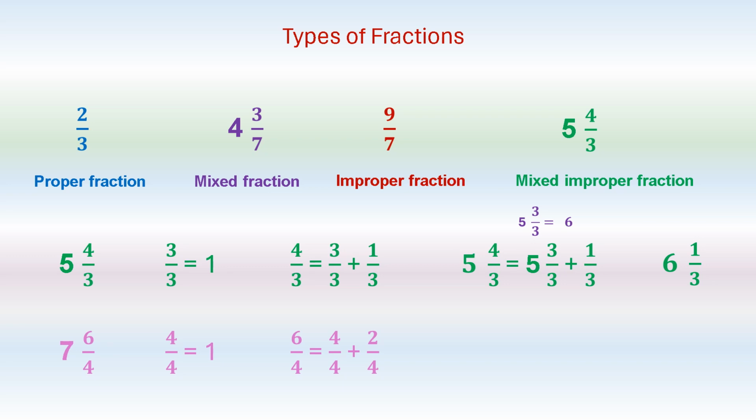So we're left with 2/4. So we say 7 and 6/4 is equal to 7 and 4/4, which is 8. So 7 and 4/4 is 7 plus 1, which is equal to 8, and the leftover is 2/4. So that answer gives us 8 and 2/4.